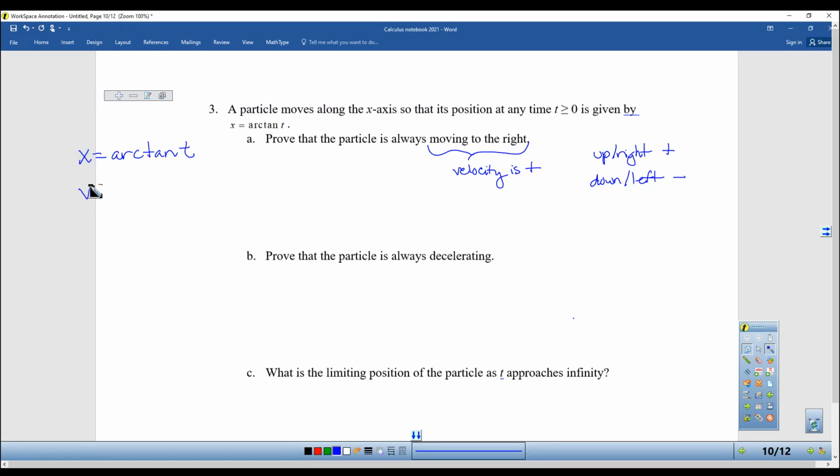So velocity is equal to the derivative of x with respect to t. This is a t equation. So the derivative is going to be 1 over 1 plus t squared. And no matter what t is, that's always going to be positive. 1 over 1 plus t squared is always positive.